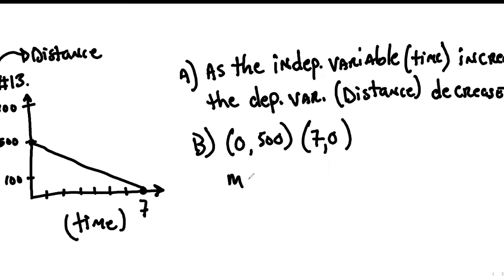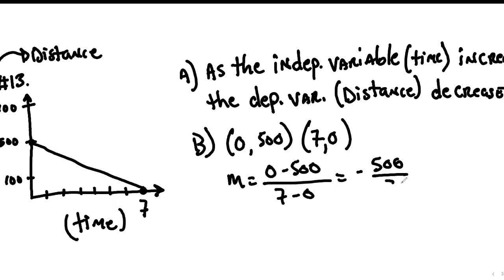So we end up with M is equal to 0 minus 500 over 7 minus 0, which gives me a negative 500 over 7. If we round this to the first decimal, we end up with a negative 71.4 miles per hour.